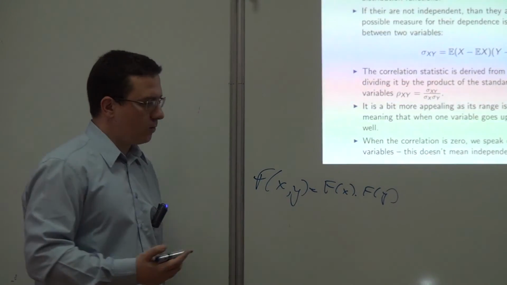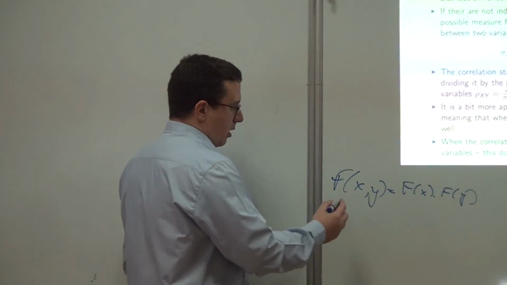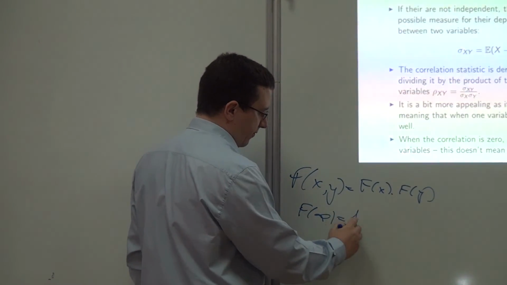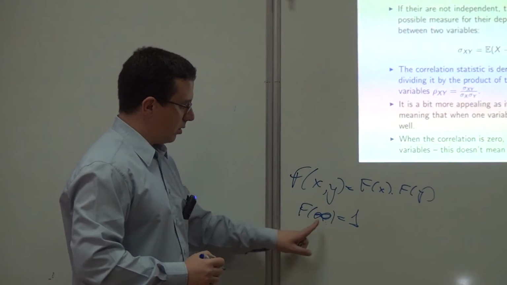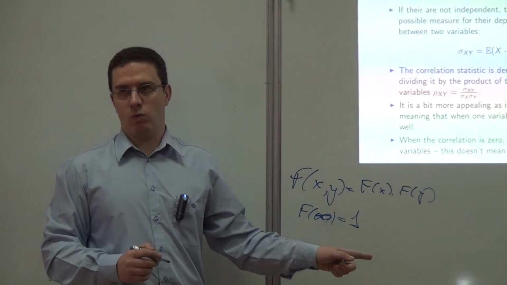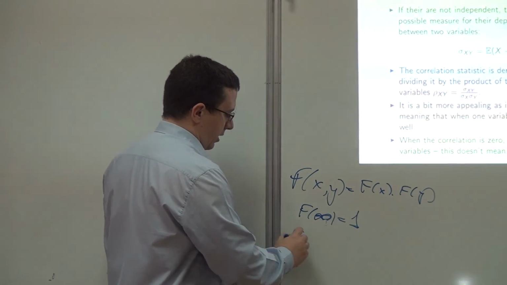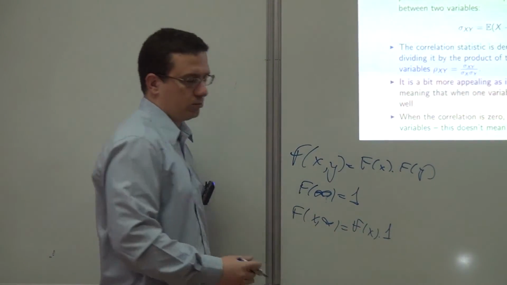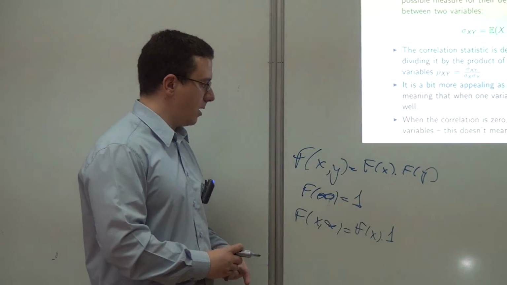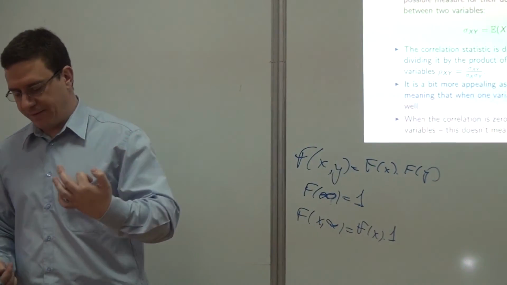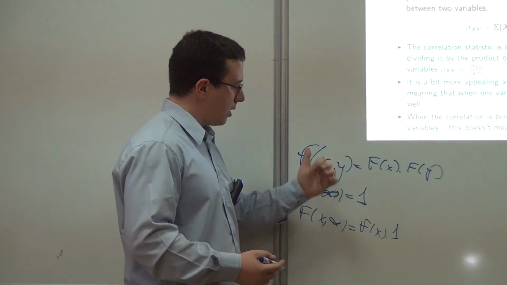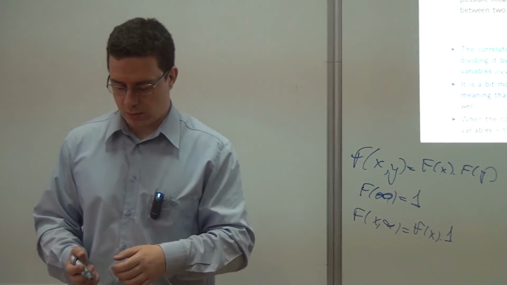So why does this imply independence? Well, one of the properties of a cumulative distribution function is that any value of infinity would be equal to 1. So if we take the marginal, it doesn't really change at all. So this definition of independence makes sense. No matter what y does, x can do whatever it wants. So they're independent.